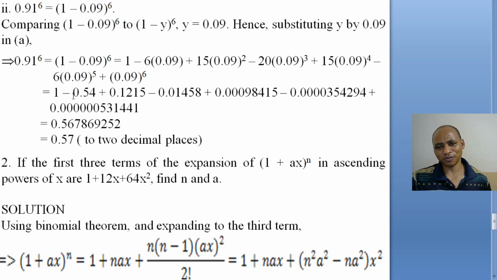Of course, evaluating and summing all, we will end up getting 0.567869252. And approximating to 2 decimal places, we will get 0.57, as the question demands.